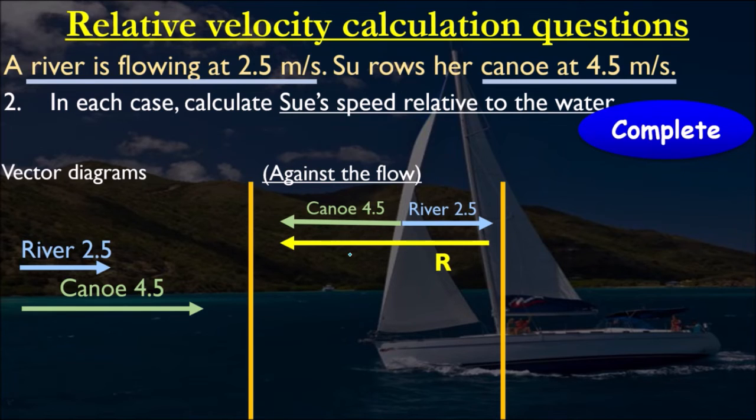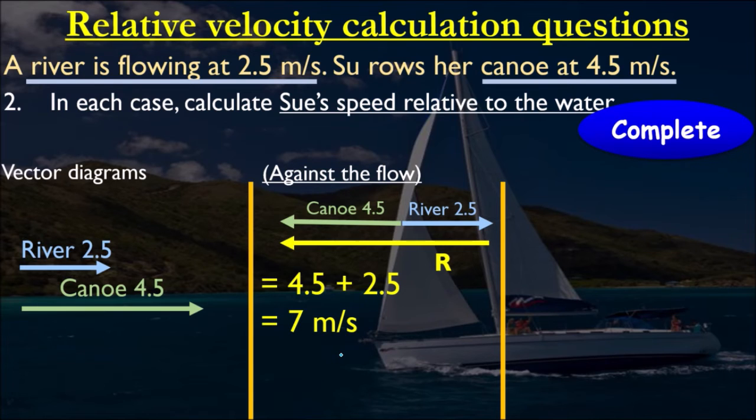Okay, so after 1 second, if the river was to look back at where the canoe is, it will look as if the canoe has gone 4.5 plus 2.5 meters away from the river, and so the relative speed is 7 meters per second.